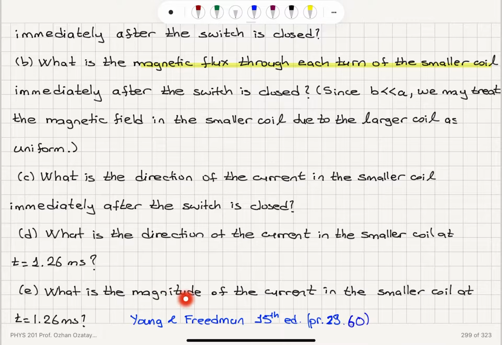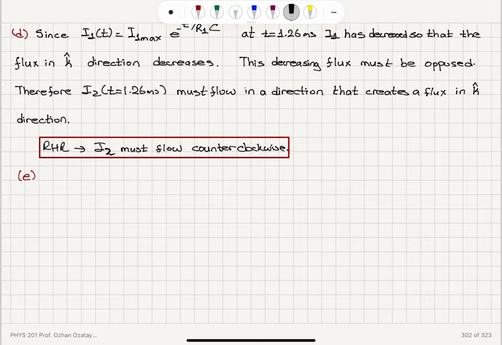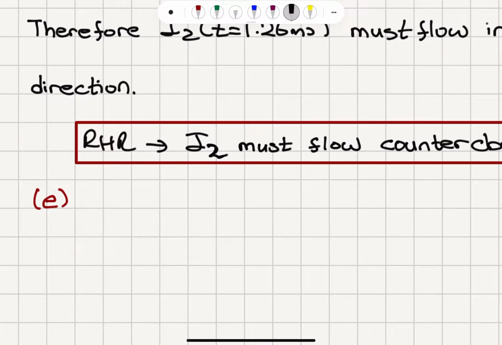What is the magnitude of the current in the smaller coil at t is equal to 1.26 milliseconds? Well, first of all, I know the magnitude of the current in the larger coil at one time constant tau. It is simply the maximum current at t is equal to 0 plus, e to the minus t over tau, so it is tau over tau.